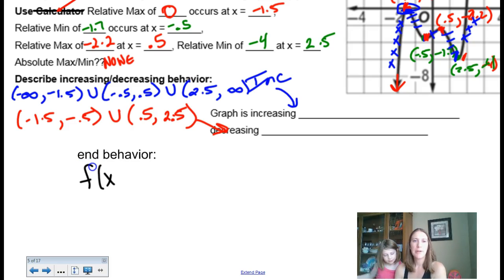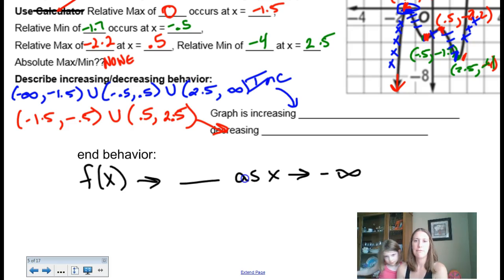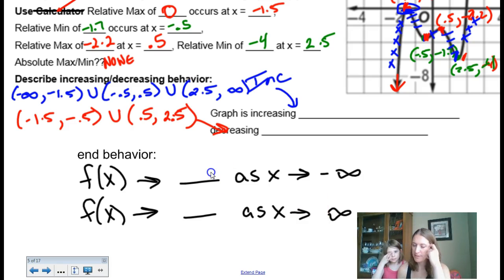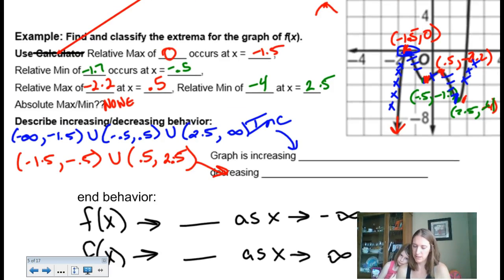All right. So remember, end behavior. I like to say function first. So the function approaches something as x goes to the left, and the function approaches something else as x goes to the right. I forgot what this looked like, so if I go back to my picture, on the left side, over here, the function's going down.